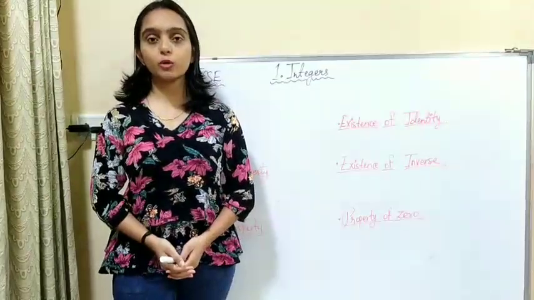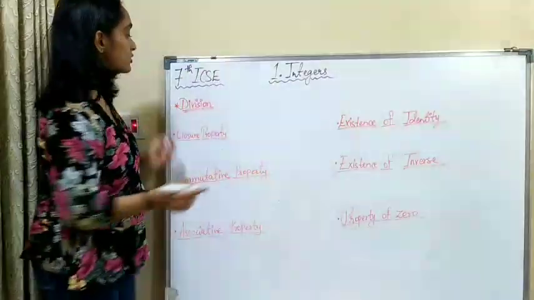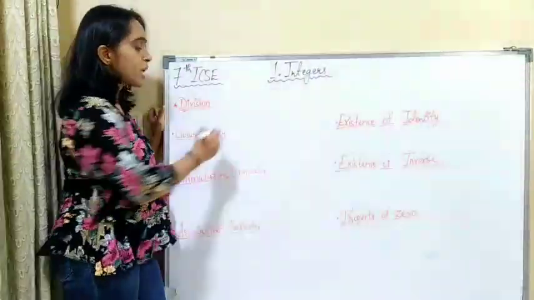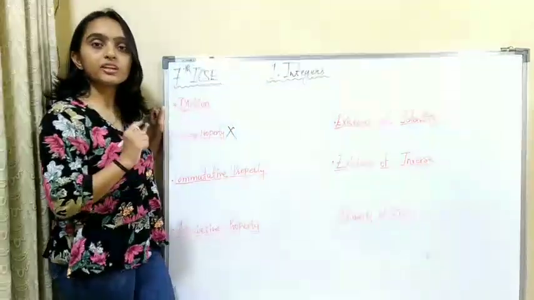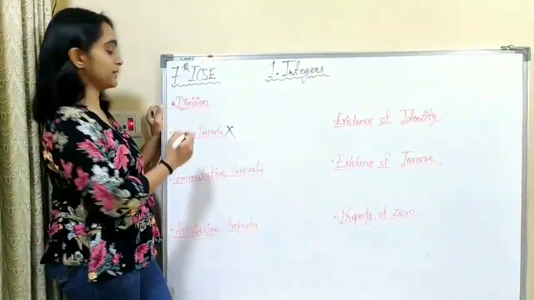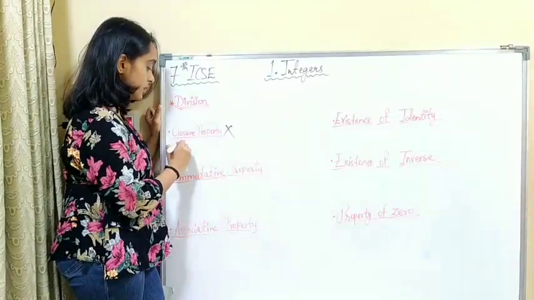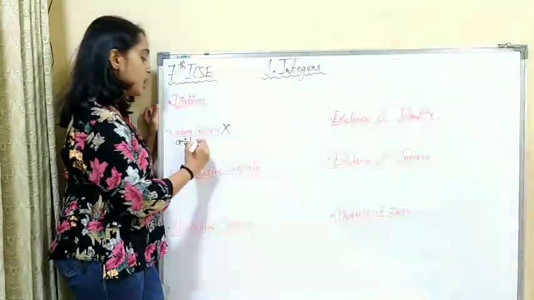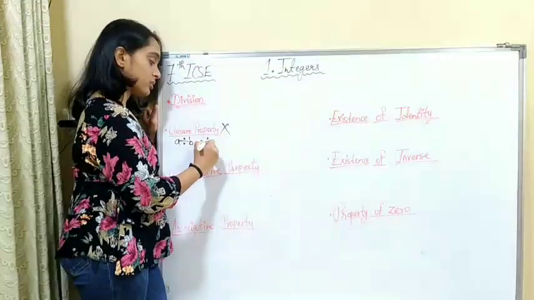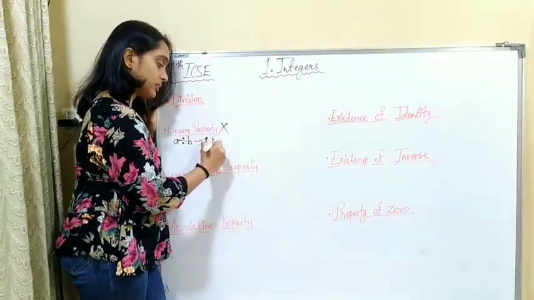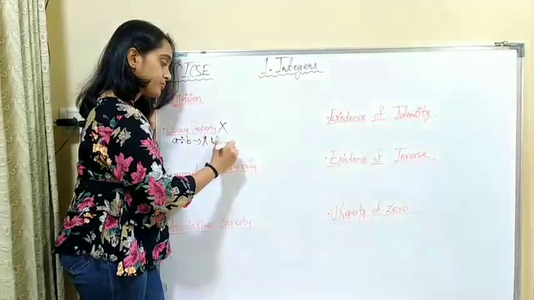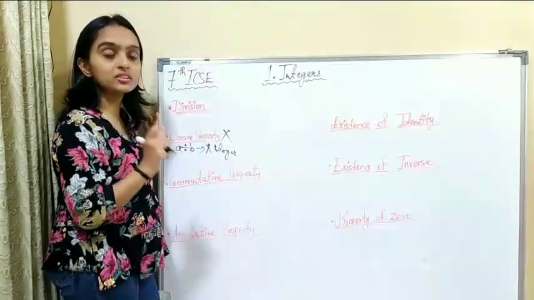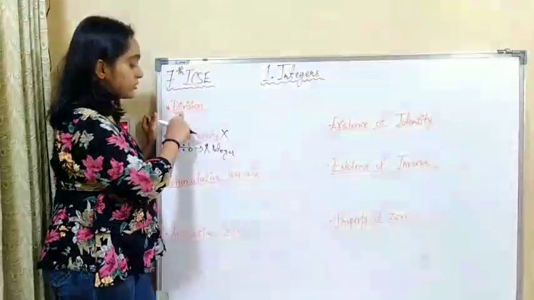Now we will see the properties of division. The first property is the closure property. The closure property is not satisfied by division of integers. That is, if you have any two integers, say A and B, when A is divided by B, the answer is not an integer. So integers are not closed under division.